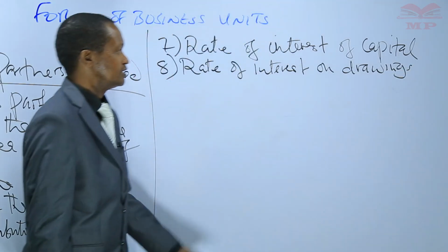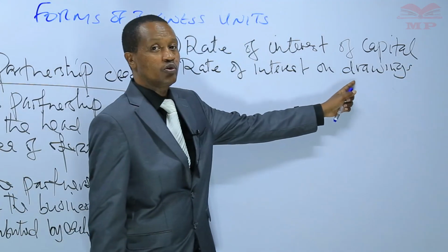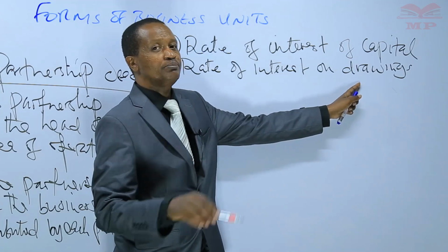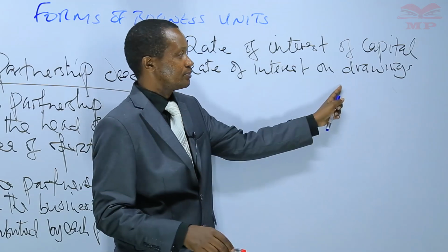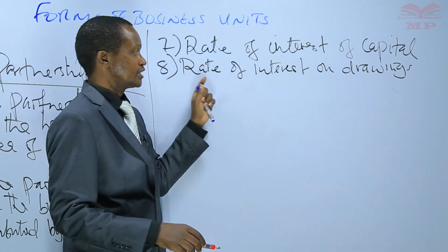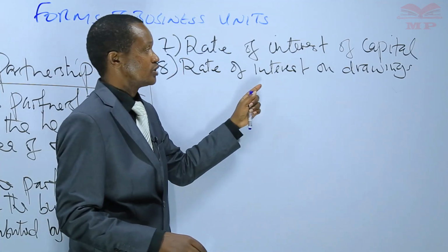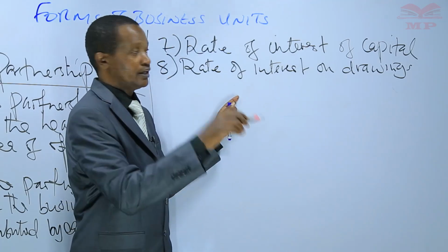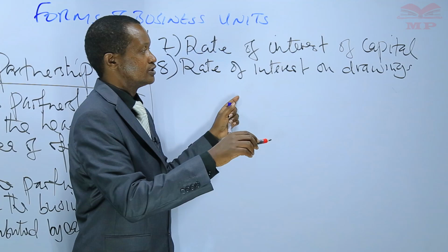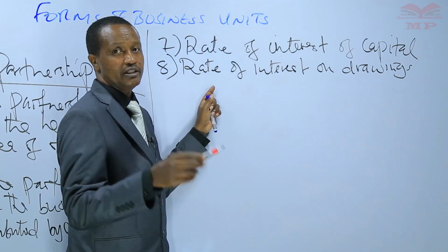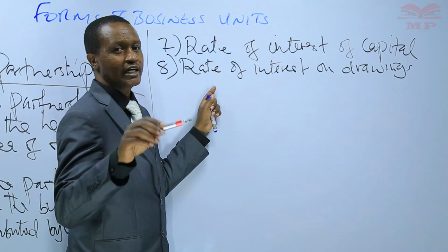There are times when partners may draw either goods or money from the partnership business. So when that happens, the partners may agree on a rate of interest that the partners who have drawn from the business will be expected to pay. All right? So that may also be an item in a partnership agreement.